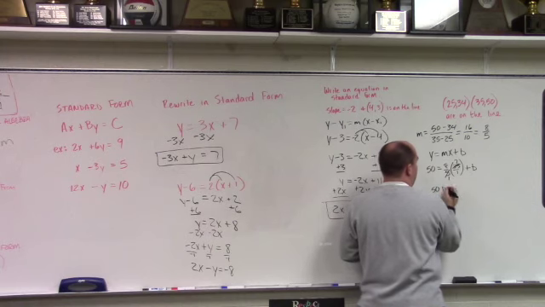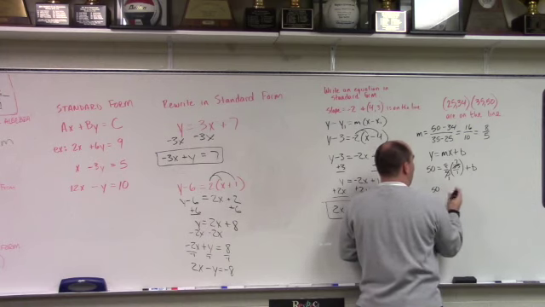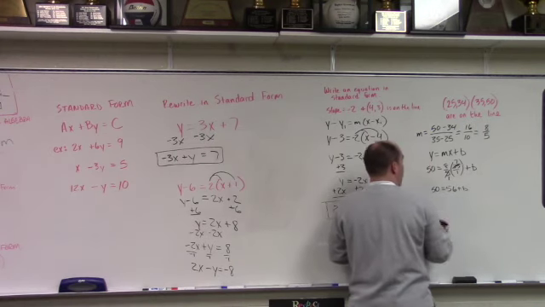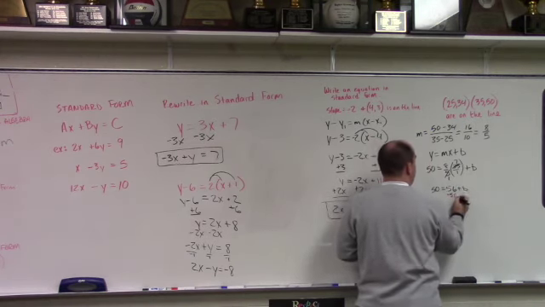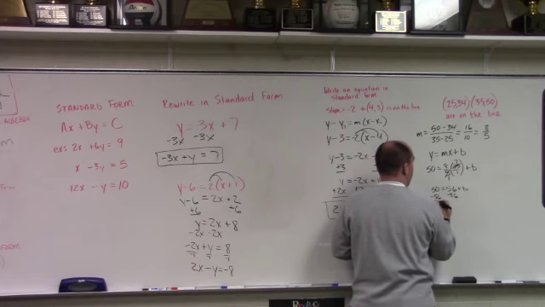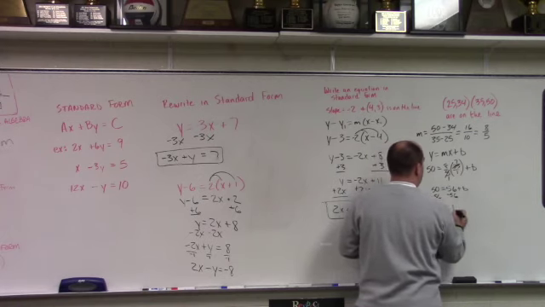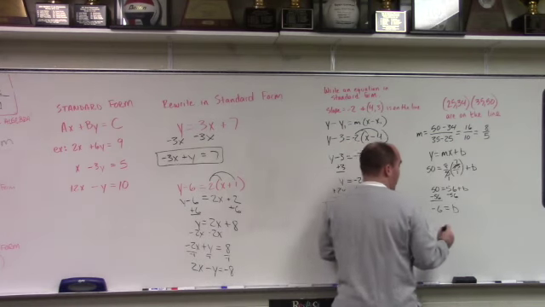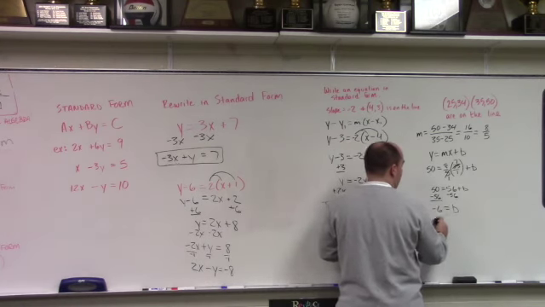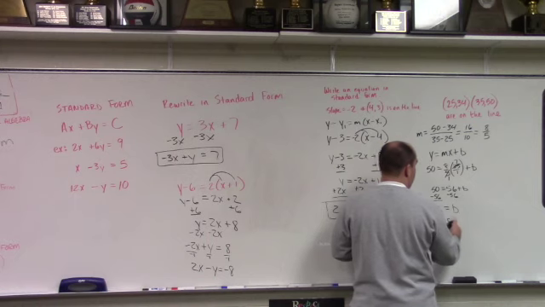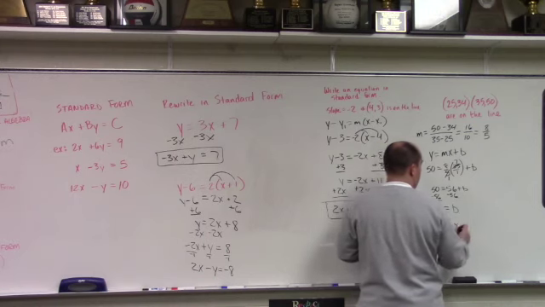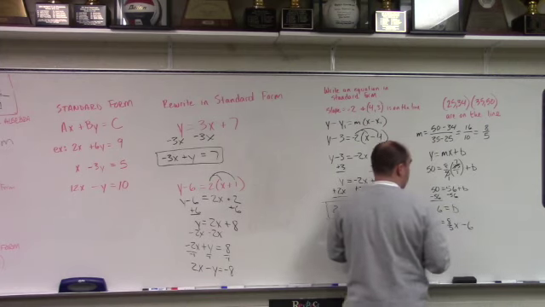So I have 50 equals 56 plus b. So now I have to subtract the 56, and I'm going to get negative 6 equals b. So once I get negative 6 equals b, I'm going to write down my equation in slope-intercept form. So y equals 8/5 x minus 6.